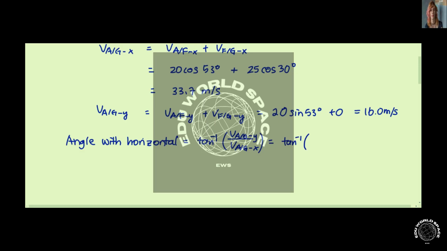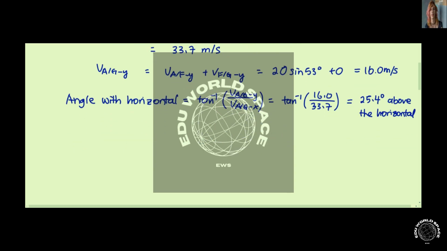So 16.0 divided by 33.7. You take an arctangent, you get 25.4 degrees above the horizontal. So this is one of the answers.